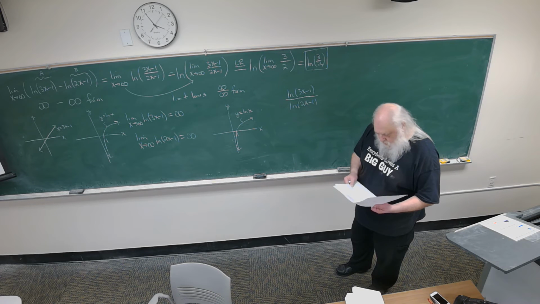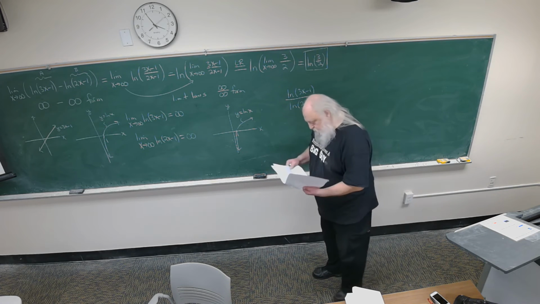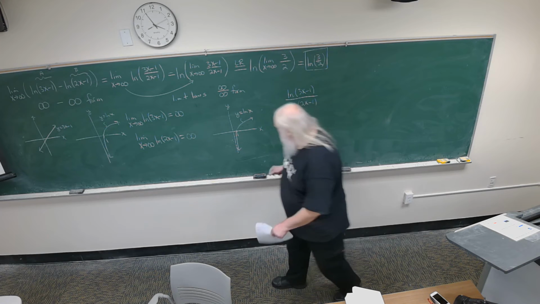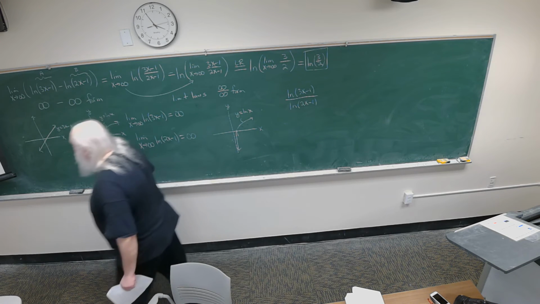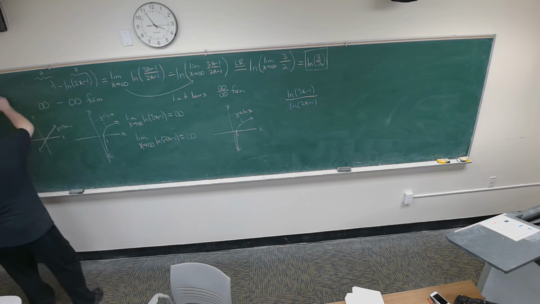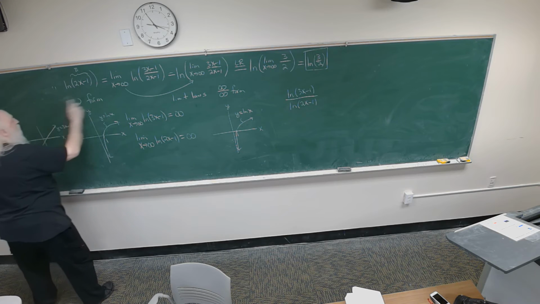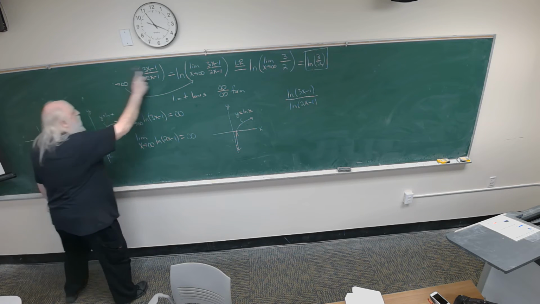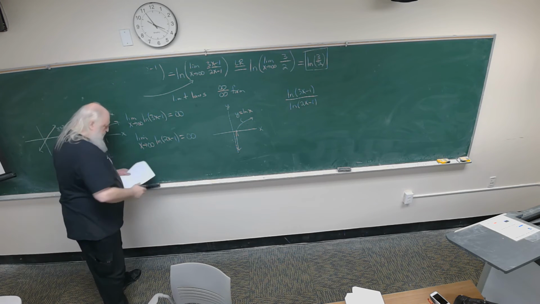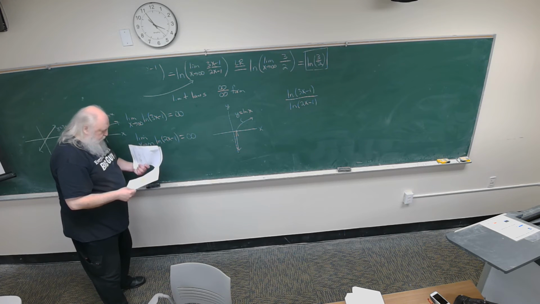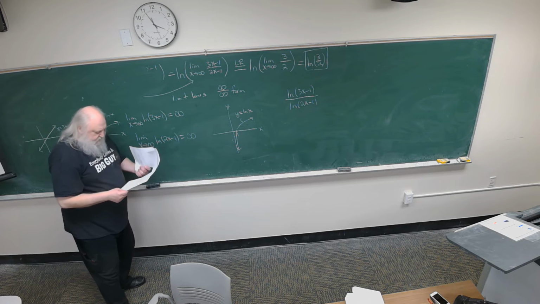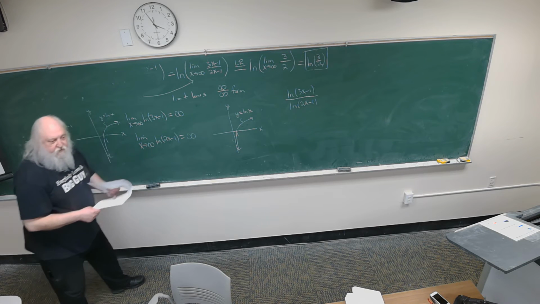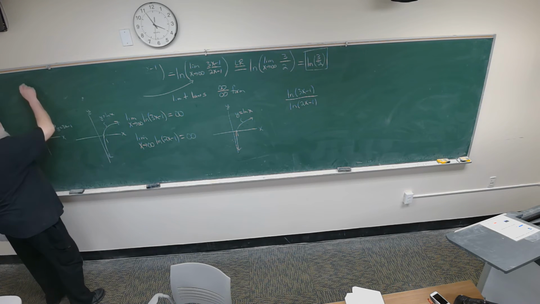Now, one of the notes I wrote on the board yesterday was that L'Hopital's rule never allows us to conclude that the limit as x approaches a of f of x over g of x doesn't exist.